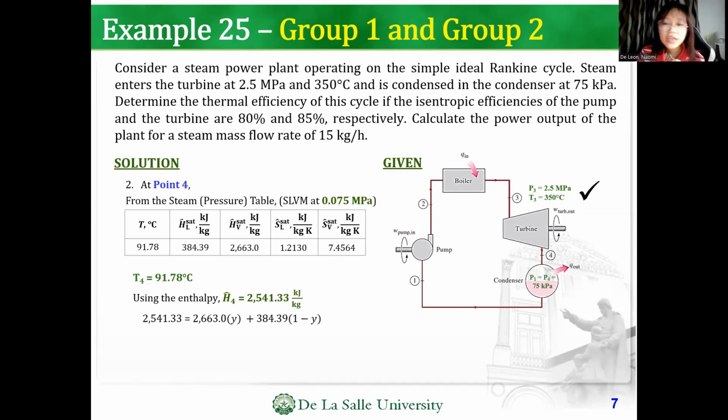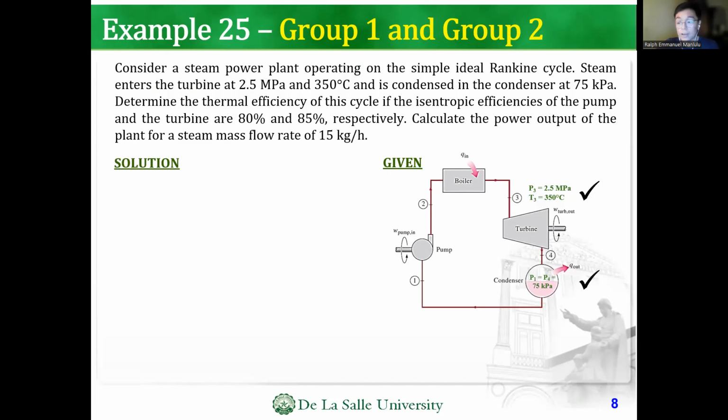Now, substituting the enthalpies in the expression, we can calculate the vapor quality, which is 0.9466. And from this, we can also calculate the specific entropy at point 4 by using the given values in the table and the vapor quality. Hence, the specific entropy at point 4 is 7.1230 kilojoule per kilogram Kelvin.